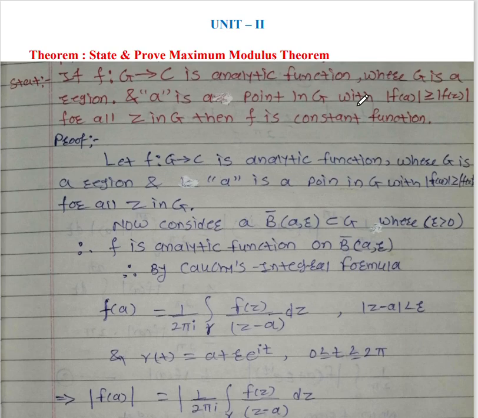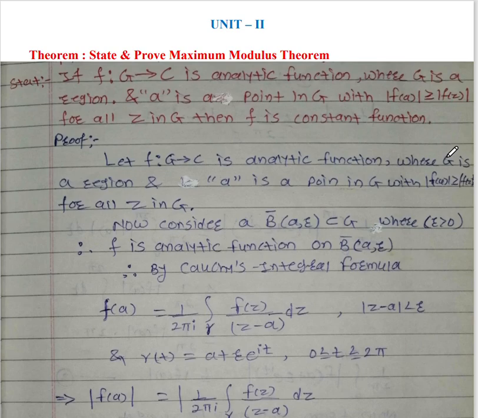If f from G to C is an analytic function, where G is a region and a is a point in the region G with mod f of a greater than or equal to mod f of z for all z in G, then we have to prove that f is a constant function. So this is the statement of the maximum modulus theorem.